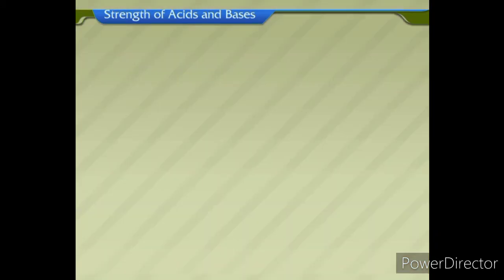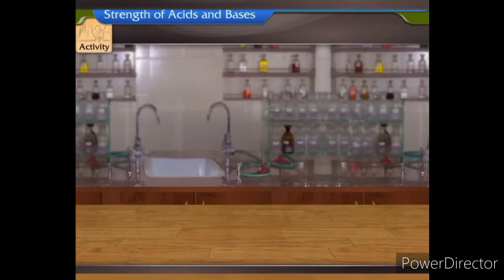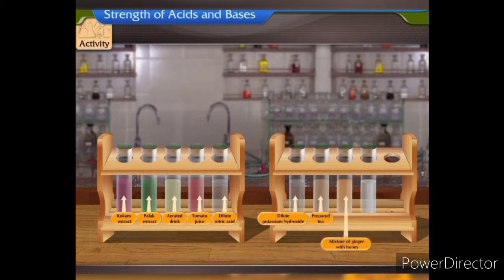Let us perform an activity using a universal indicator. Activity: take samples of kokum extract, palak extract, an aerated drink, tomato juice, dilute nitric acid, dilute potassium hydroxide, prepared tea, a mixture of ginger with honey, and buttermilk in different test tubes.